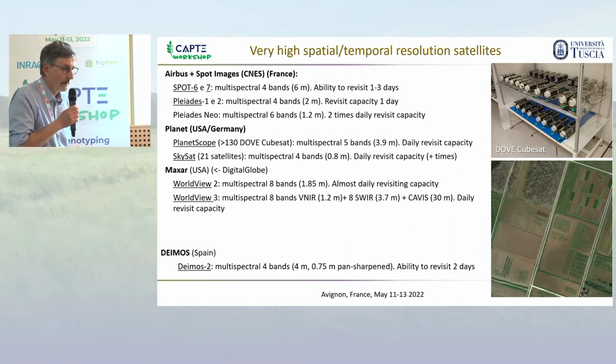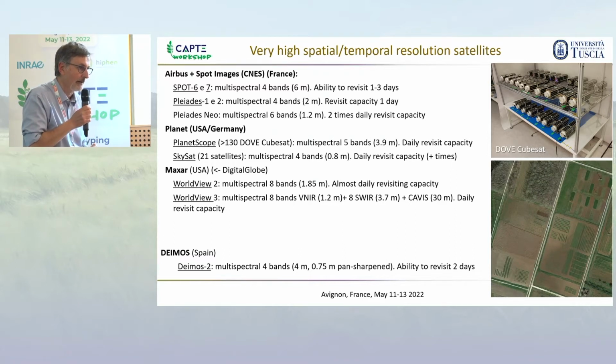But the problem is that at the moment the business model of these private providers is not really suitable for precision agriculture application because of the very high cost. The cost per hectare would be low, but there is a minimum amount, which really limits the usefulness of this data up to now. So maybe it could change in the future.